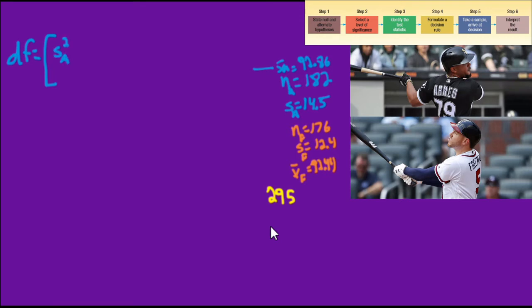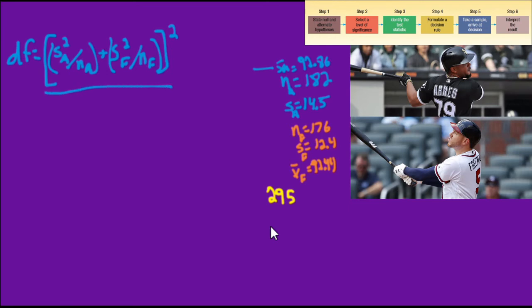So for our purposes, that would be SA squared divided by NA plus SF squared divided by NF, and all of that is going to be squared.